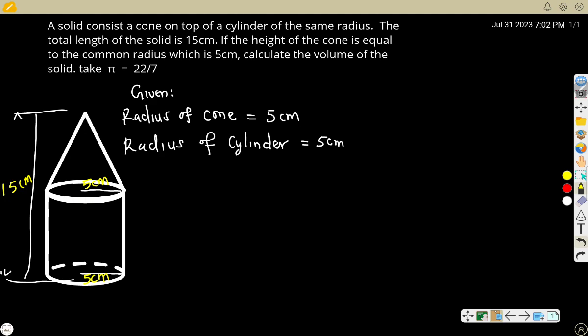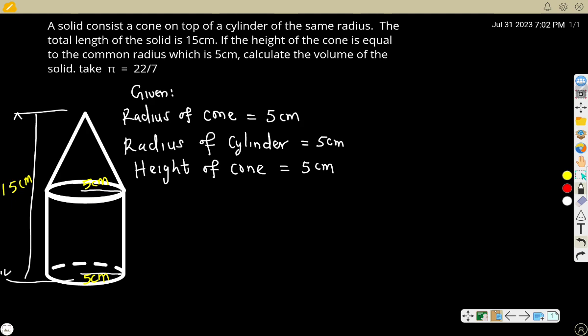They gave us the height of the cone, which is equal to the common radius. That means height of cone will be equal to 5 centimeter also, because the height is equal to the common radius.